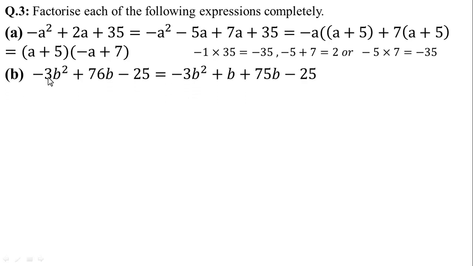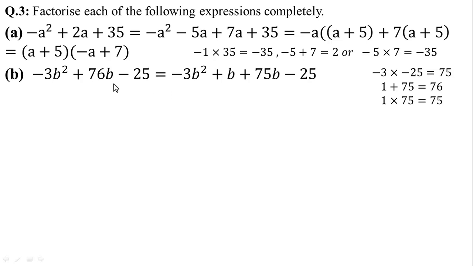Now in B part, minus 3b square plus 76b minus 25. Now minus 3 multiplied by minus 25, the answer is 75. Mid-term breaking of 76 into 2 parts, then we take the 2 digits: 1 plus 75 is equal to 76, and 1 multiplied by 75, the answer is 75.